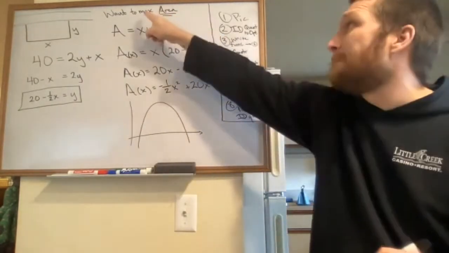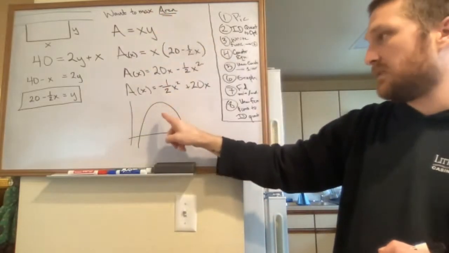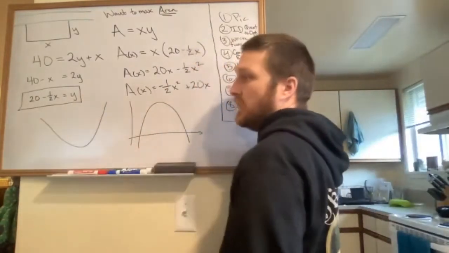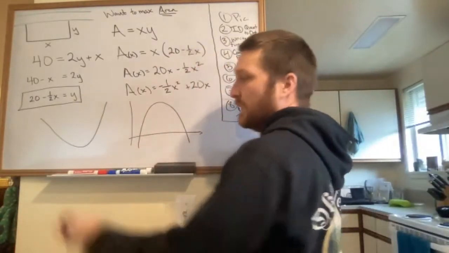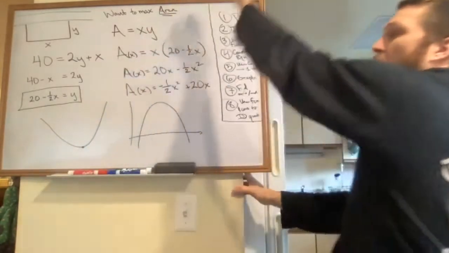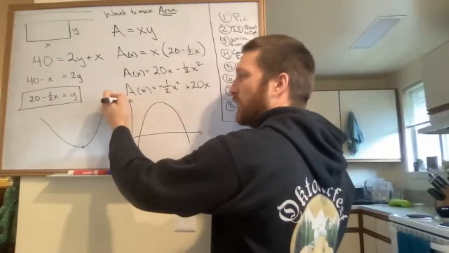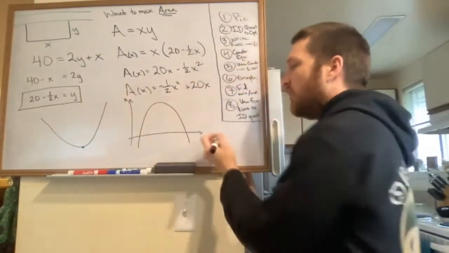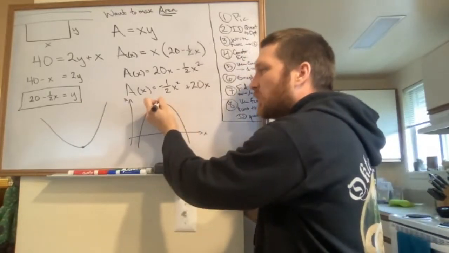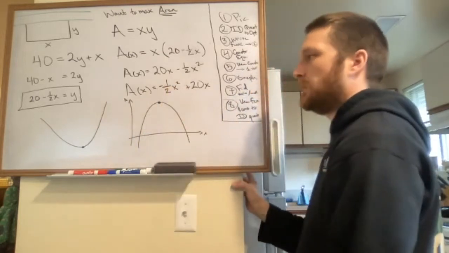If we're trying to find the maximum area, it had better look like this, because if it were the other way around, we'd be kind of screwed. Maybe we'd be able to find a minimum area, but maximum, well, you could just keep going forever and ever. If this output here is area for an input value of x, we hope that this is a downward facing cup, and then we could find the vertex right there.